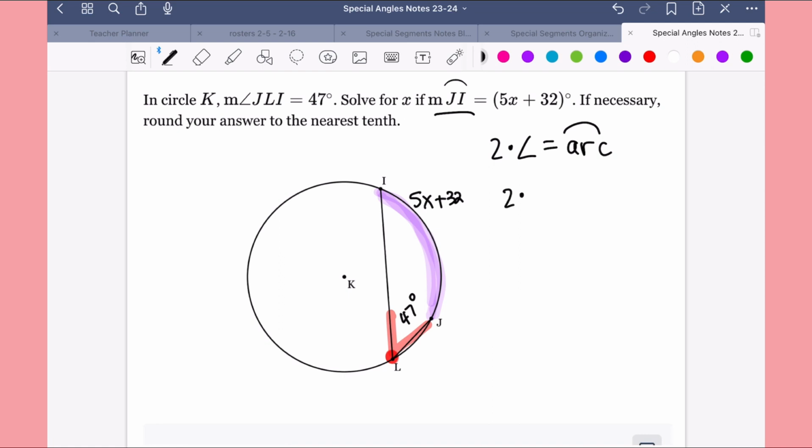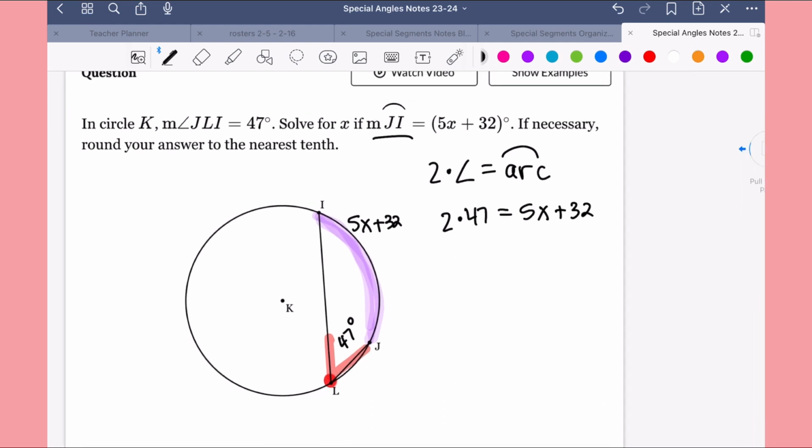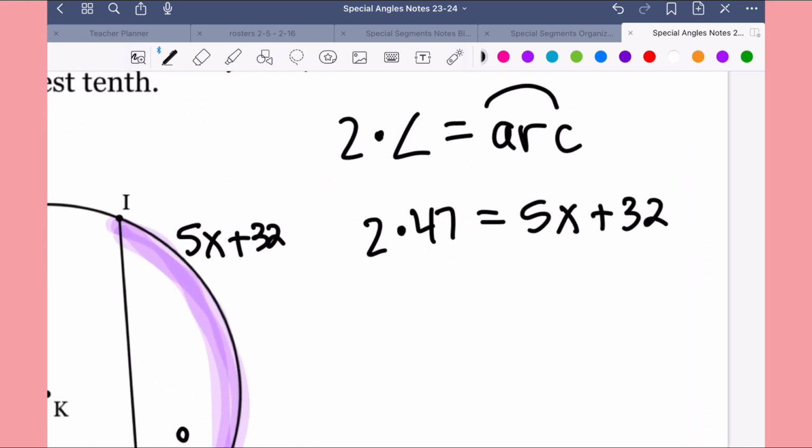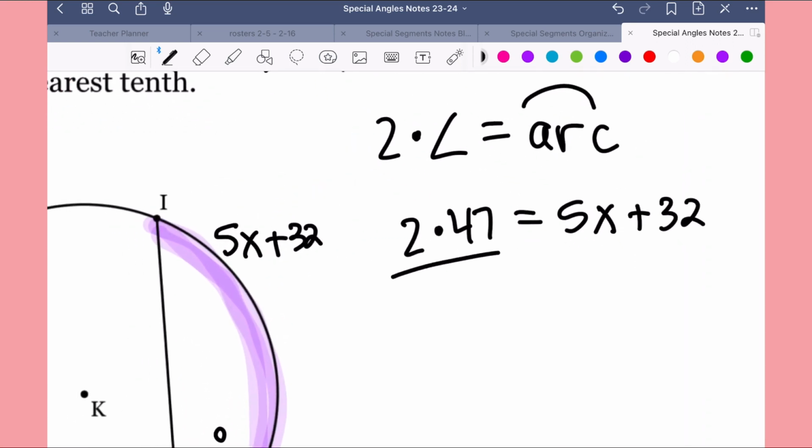How much is your angle? 47 degrees equals your arc. How much is your arc? Well, we have an expression, 5x plus 32. Okay, our goal is to solve for x, so we need to do some math here. Let's work with this first. 2 times 47, 94. Okay, one step at a time.